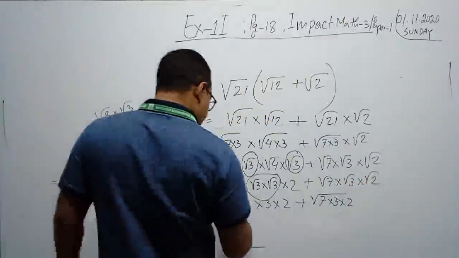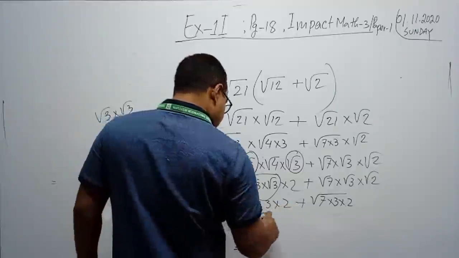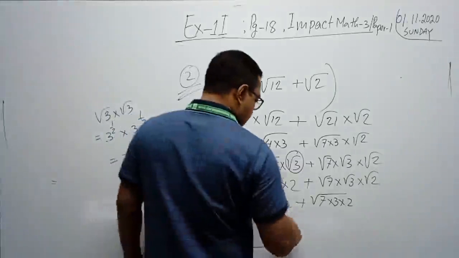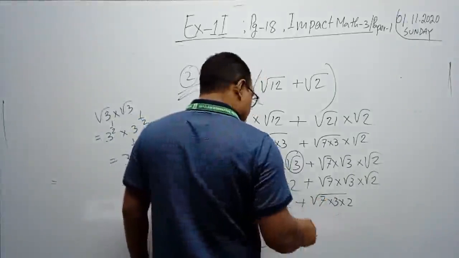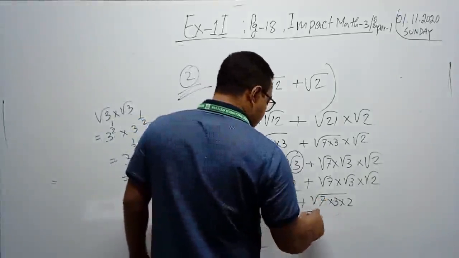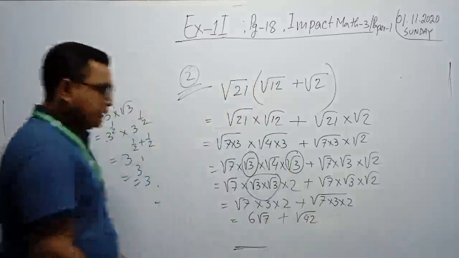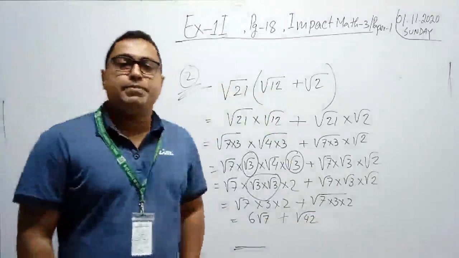So here 3 times 2 is 6. Write it as a coefficient of square root of 7, and here 7 times 3 is 21, times 2 is 42. Write it like this. That is the simplest possible surd.